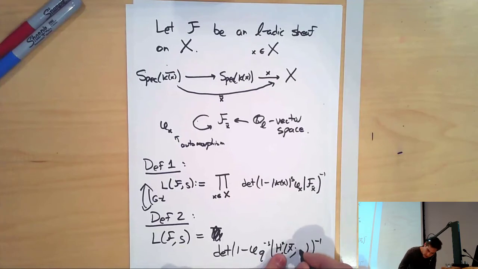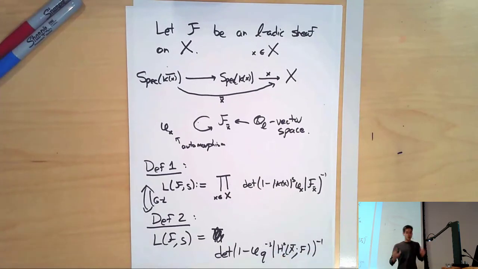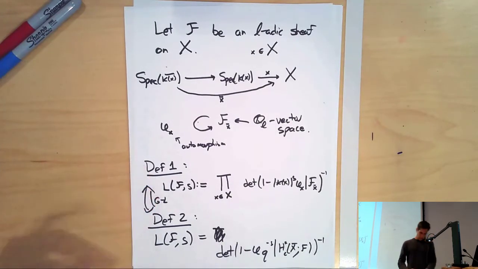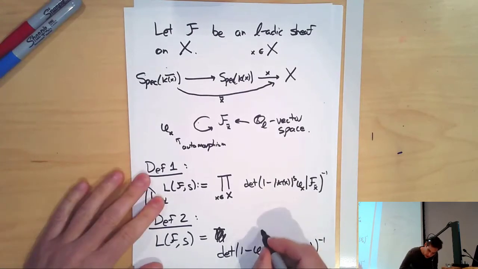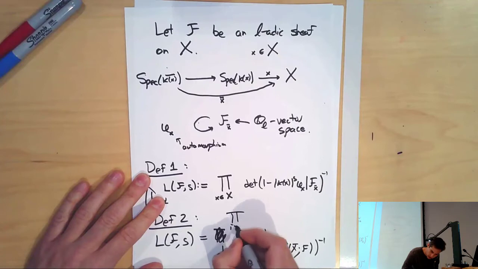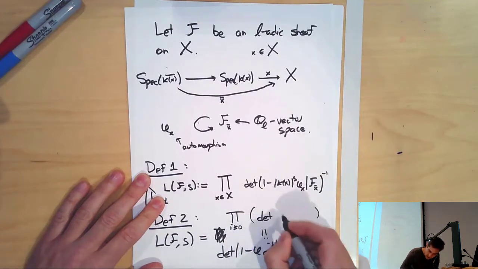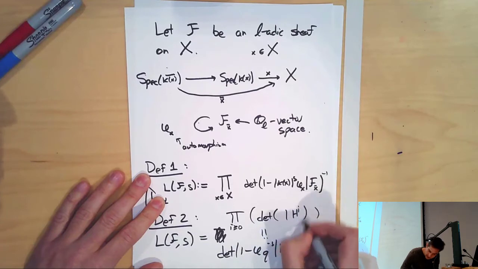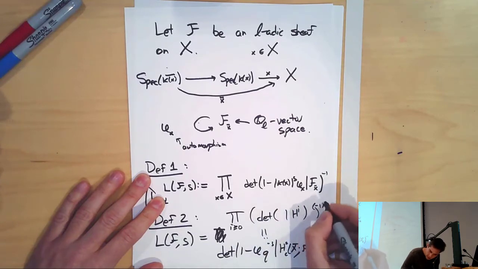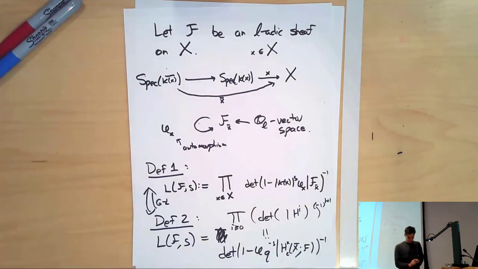But now you don't take cohomology with constant coefficients, you take cohomology with coefficients in this sheaf F. And remember, this determinant really means an alternating product. So this is defined as the product over i greater than or equal to 0 of some determinant on H^i, raised to the power (-1)^(i+1).